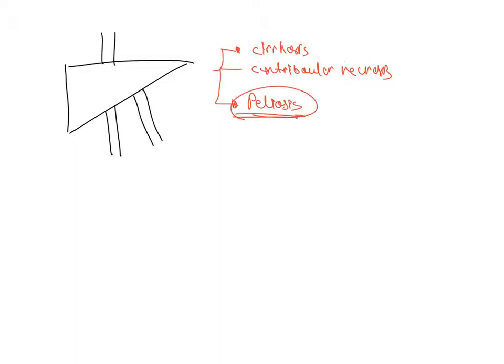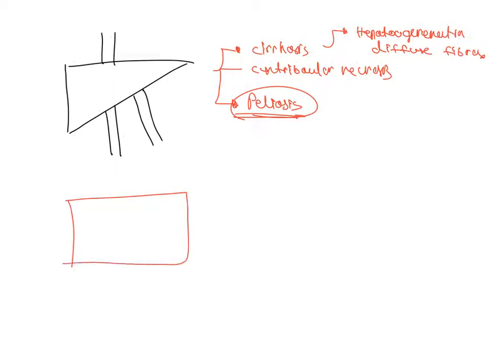So cirrhosis is defined as hepatocellular regeneration with diffuse fibrosis. So how does the parenchyma look? So we have clusters of hepatocytes, clusters of hepatocytes, clusters of hepatocytes. Around these we have fibrosis.